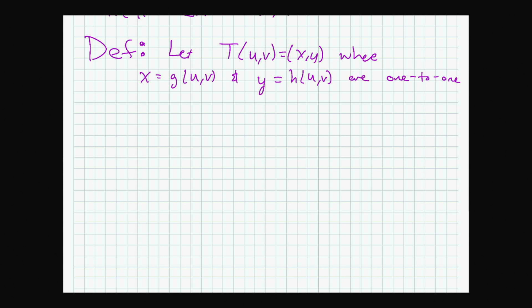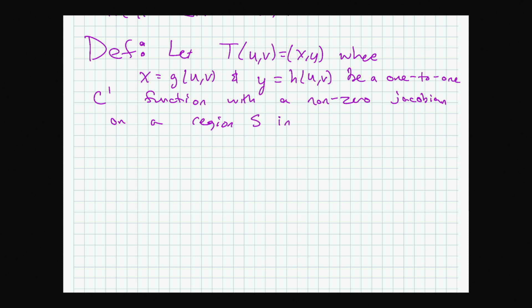Let this be a 1-to-1 C1 function with a non-zero Jacobian on a region S in the uv plane that maps S onto R in the xy plane.